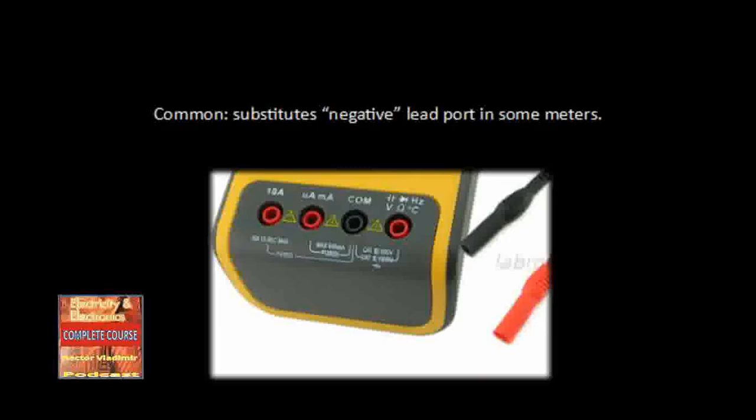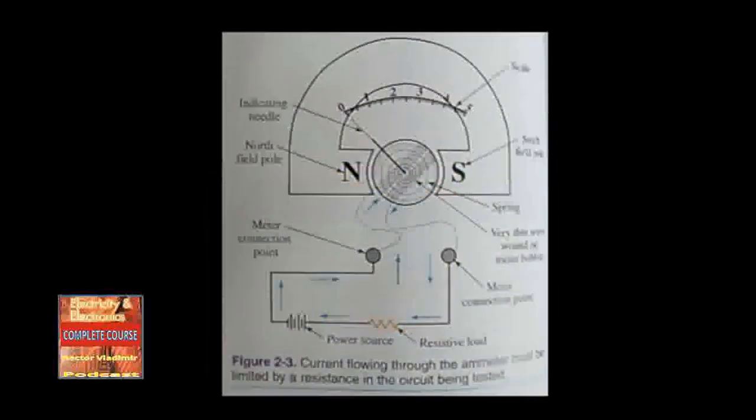At the very least, the needle will not deflect, and there will appear to be no reading. At worst, this situation could possibly damage the meter. So some meters have circuit protection built into them. This protects the meter movement from damage that can be caused by improper connections. In figure 2-3, you can see the current flowing through the ammeter must be limited by a resistance in the circuit being tested.